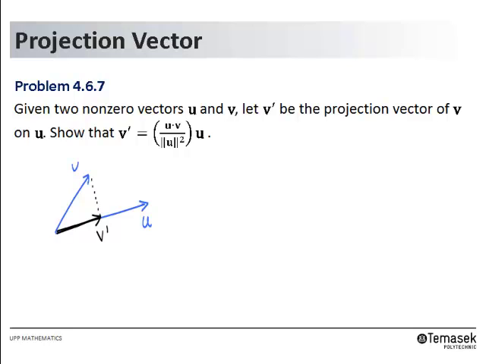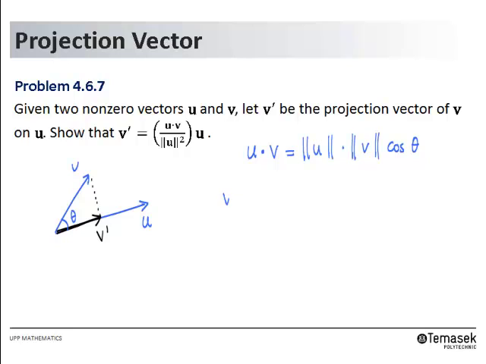Now, let's say the angle between u and v is theta, so u dot v equals norm of u times norm of v times cosine theta.